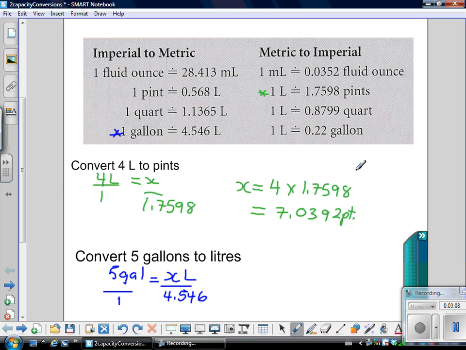Now this one I'm not going to write down like I did with the previous one. So we have 1 times x, so we know that x is going to equal the 5 times the 4.546, which turns out to be 22.73 liters.